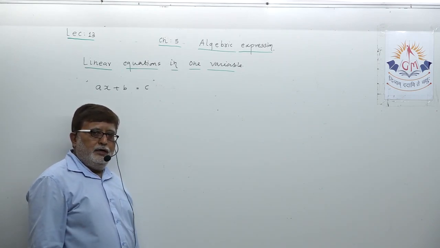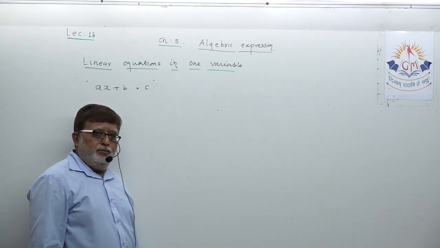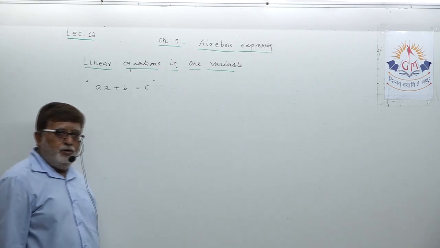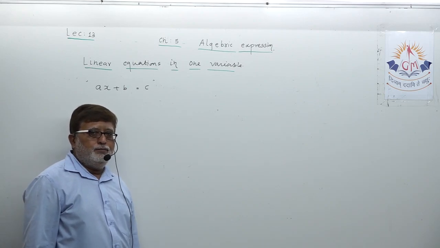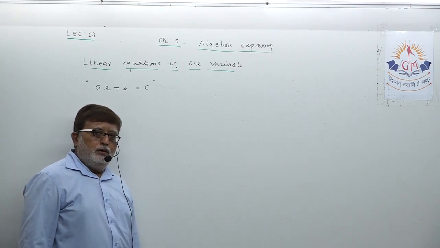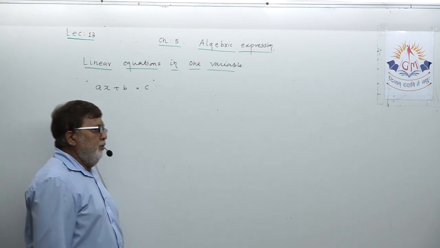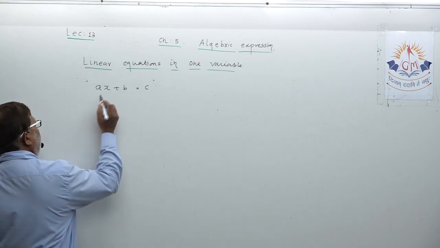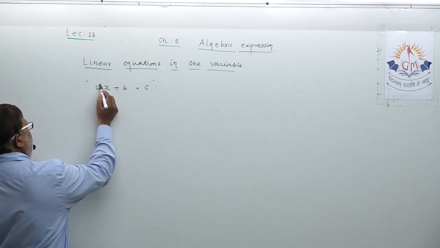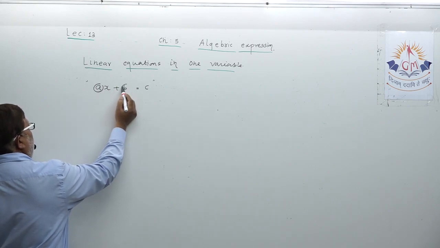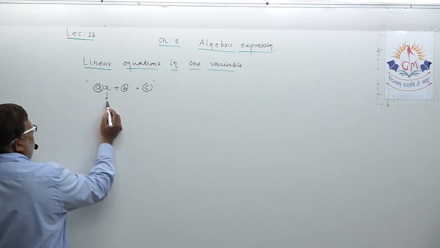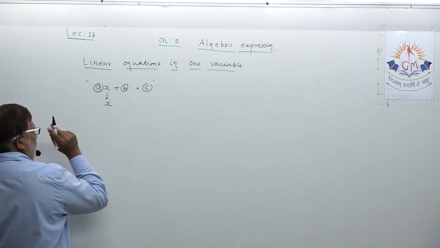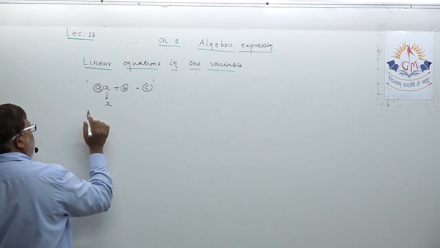It looks like a linear polynomial ax plus b, here equal to c, one more constant. This is the standard form of linear equation in one variable where a is a real number, b is a real constant, c is a constant, x is the variable, the only variable present in the equation.